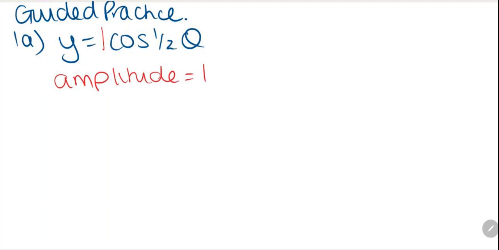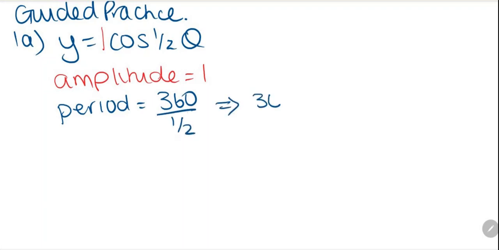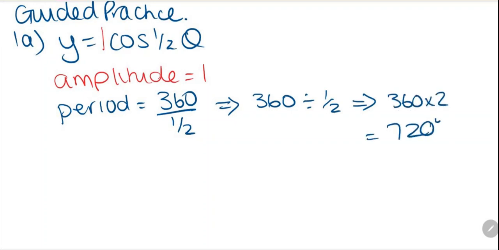And the period will be 360 divided by a half, which is the same as 360 times 2. So the answer would be 720 degrees.